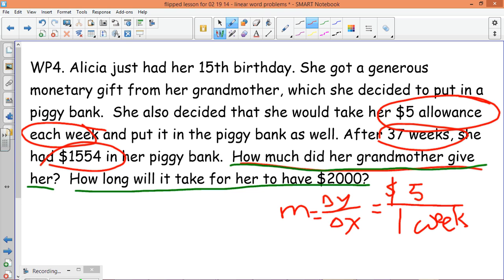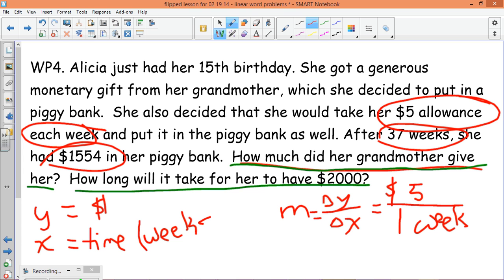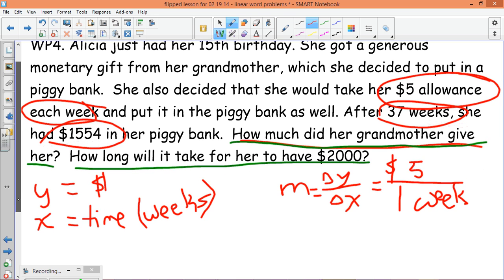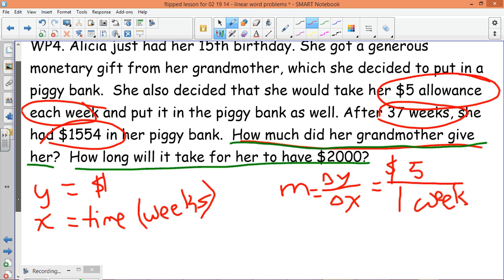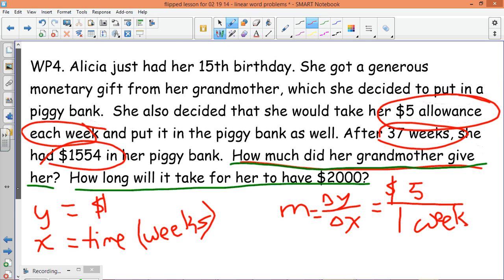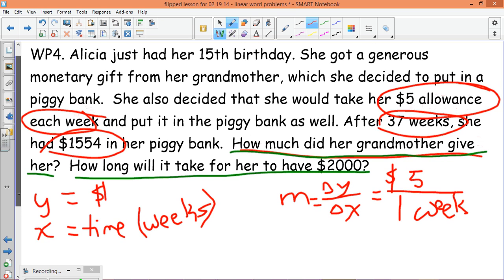So this must mean that y is equal to money in dollars, and x is equal to time in weeks. And make sure all of your answers are in these same units, dollars and weeks. You should not be using days, you should not be using years, you should not be using cents. You need to make sure you have it in dollars and weeks.